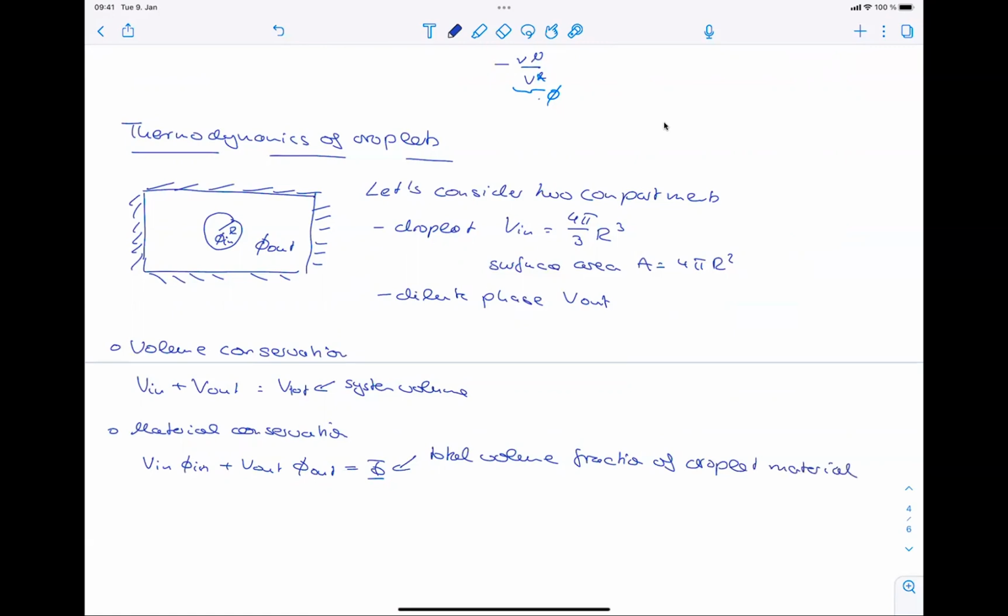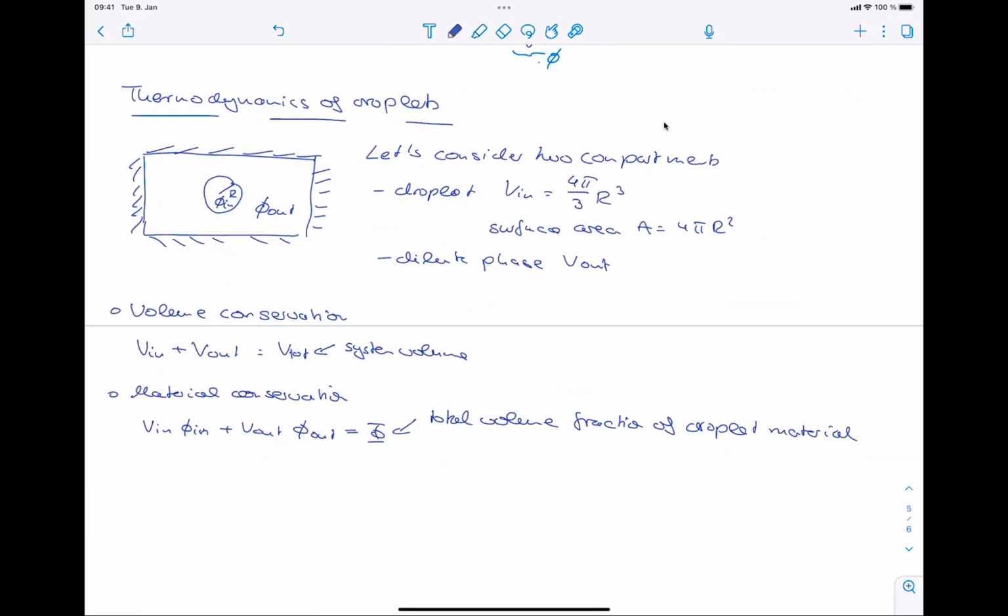And now stating these conservation laws makes my life a lot easier, because I now know that these variables are not independent variables, but they depend on each other given a fixed constant.